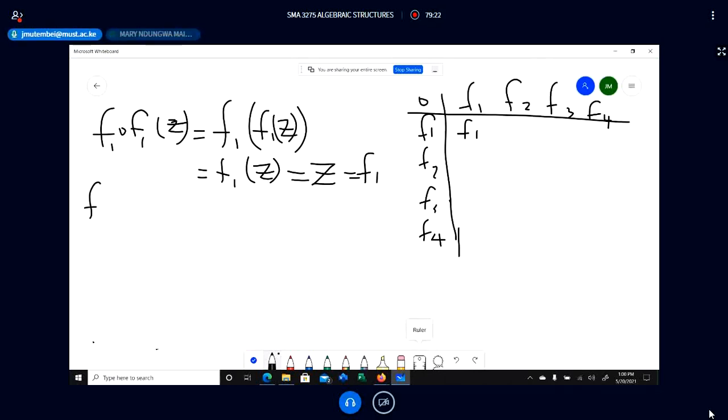And I do the same, F1 composite F2. I'm trying to fill the first row of that table.